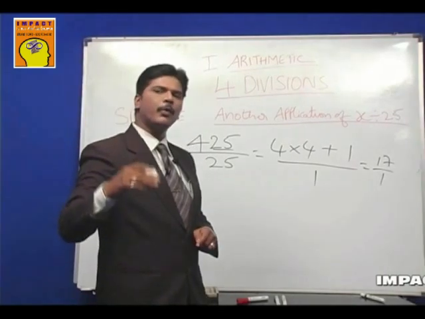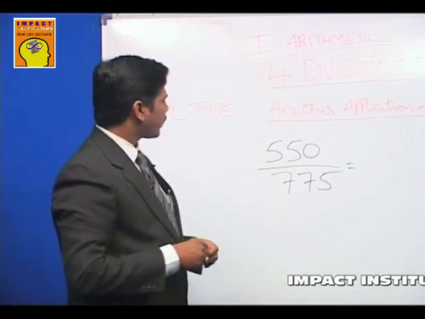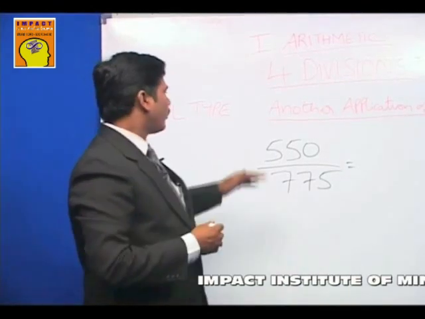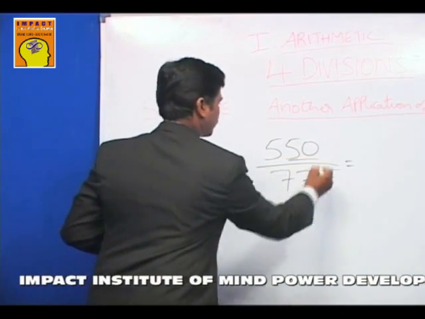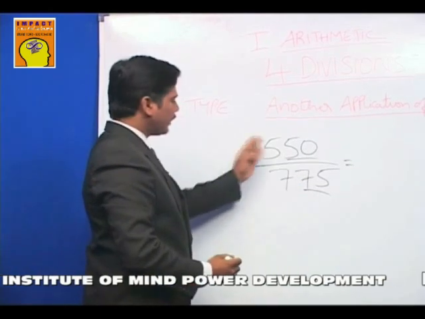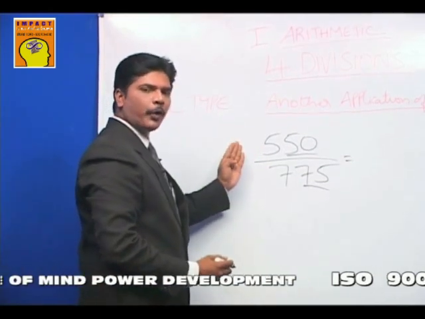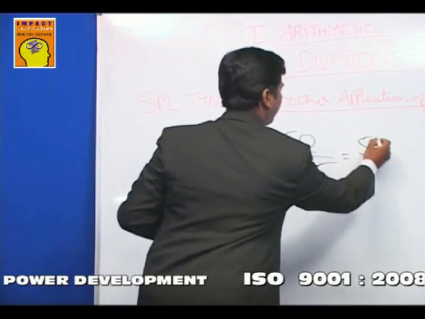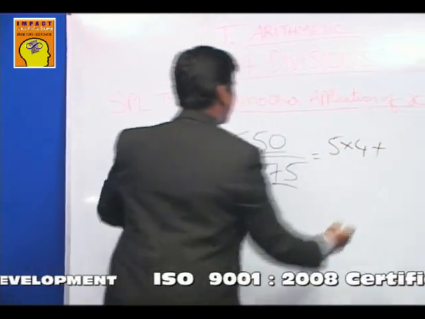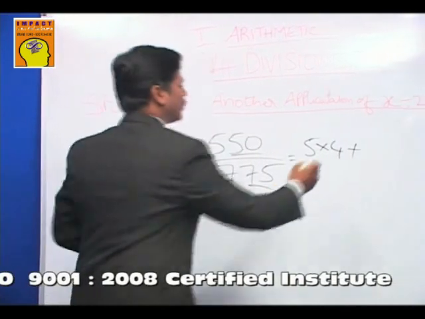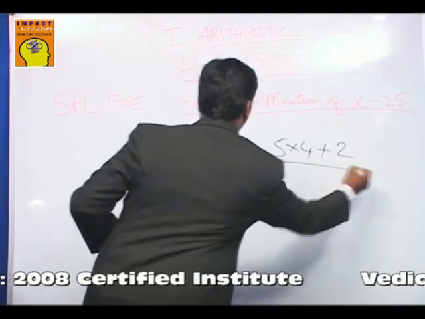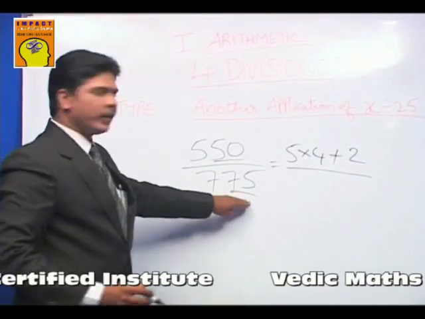Let's take one more example: 550 by 775. Just underline the last two digits, and multiply the other numbers by 4. So 5 into 4 plus how many 25s are there in 50? There are 2 25s. So write plus 2 there, by, now you have underlined 75, right?